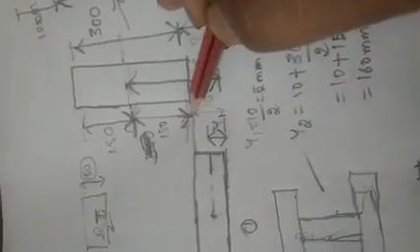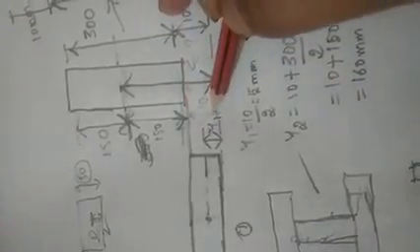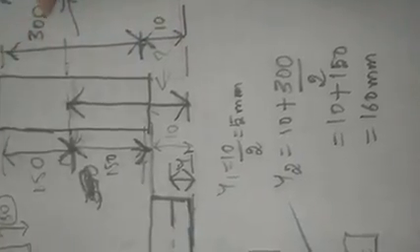From here to here it is 150. How did you get 150? It's very simple. The height from here to here is 300, which I'm showing with the arrow. The center lies at exactly 300 divided by 2, that is 150: 150 at the top and 150 at the bottom.